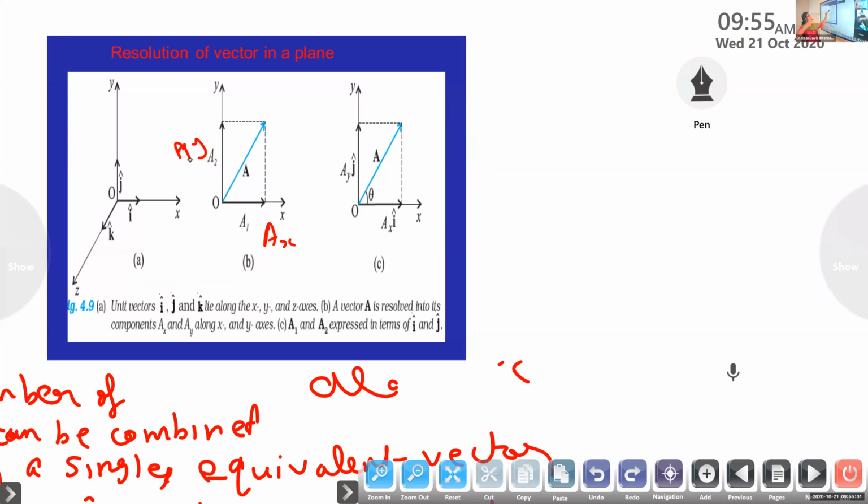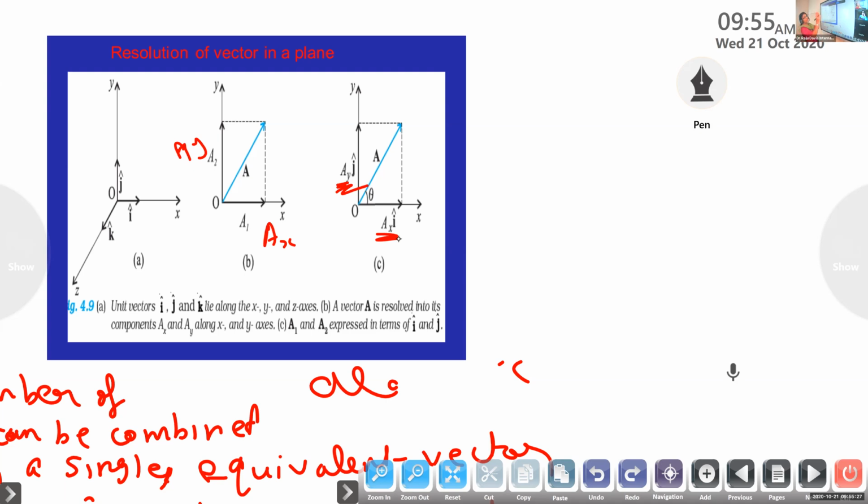In terms of vectors, we can write this A2 as AYJ, this A1 as AXI. So in order to make you separate what is A1, what is AXI, AYJ only, they used the letter A1. So, A1 is equal to AXI, A2 is equal to AYJ.